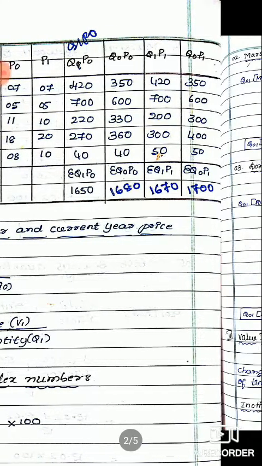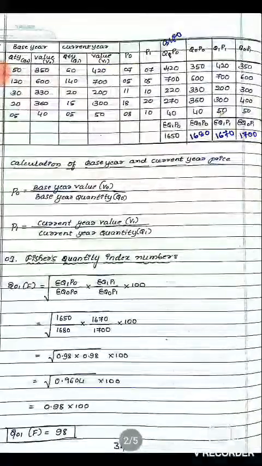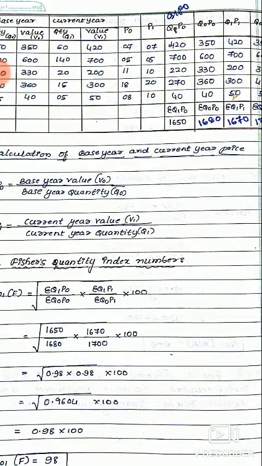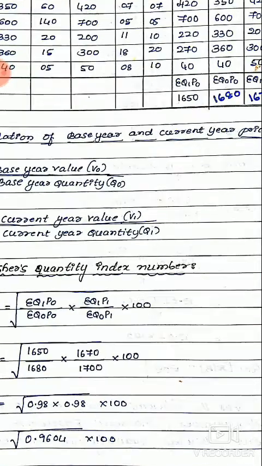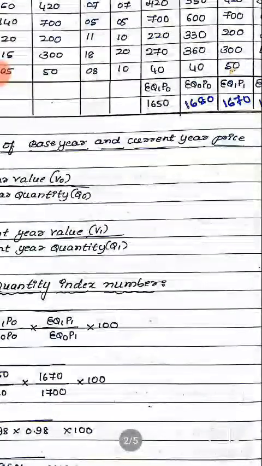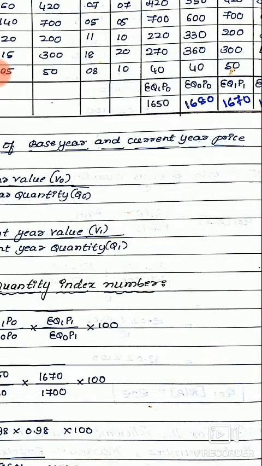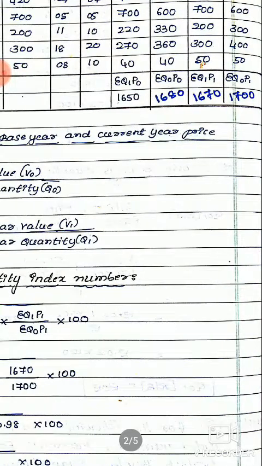Next, third column, Q1 P1, I mean current year quantity into current year price. We have to multiply these two commodity wise. We get 420, 700, 200, 300 and 50. The total of that is sigma Q1 P1 is equal to 1670.